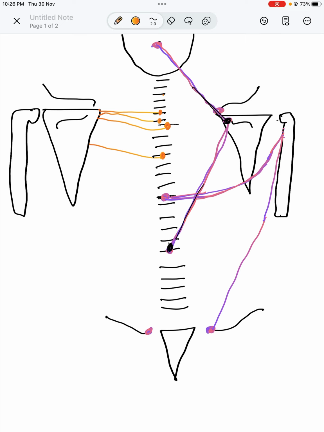Rhomboid major is from your T1 to T4 spinous processes, and then we have our rhomboid minor from your C6 to C7. The two muscles are very closely located, and they have more or less the same action also. They are just going to draw the scapula towards the vertebral column, right? You can just imagine by the muscle fibers itself how it is going to be.